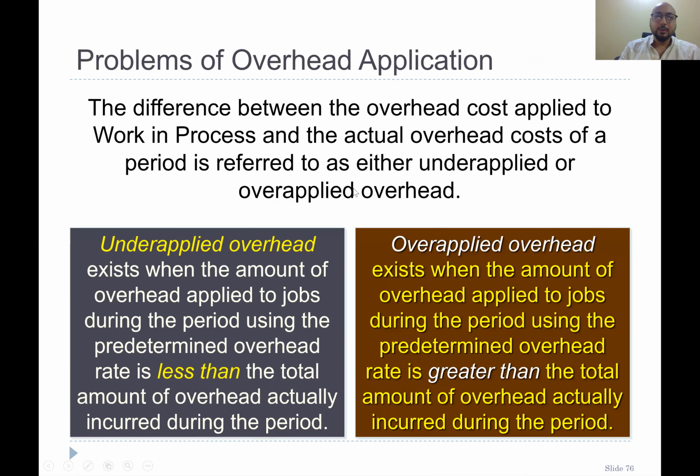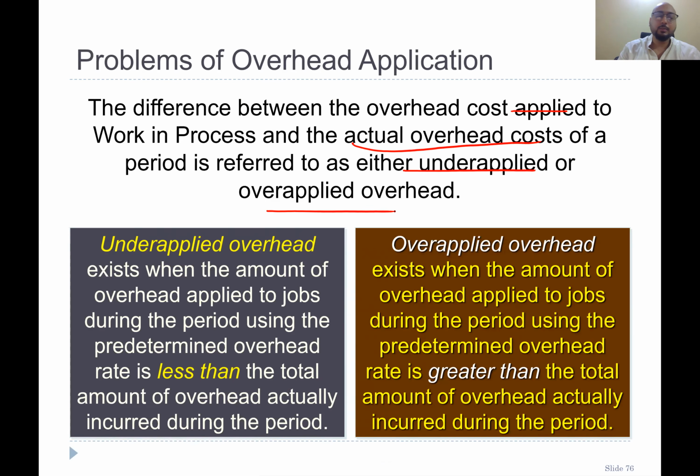The difference between overhead applied to the work in progress and the actual overhead is referred to as under applied or over applied. It rarely happens that your forecast is equal to your actual one. There are many variables which can fluctuate.